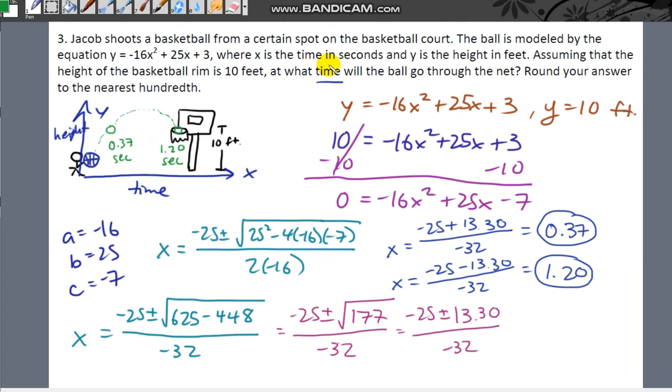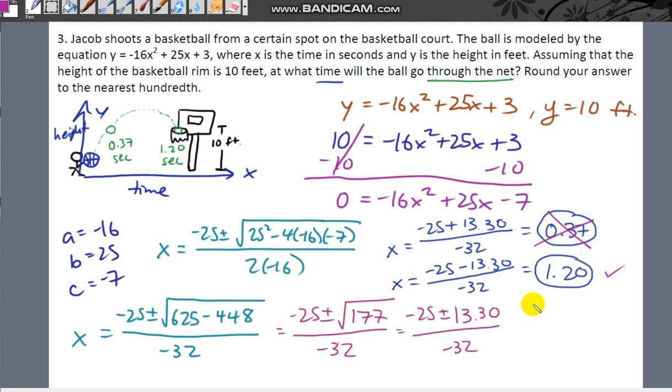So as he shoots the ball up, it passes 10 feet at 0.37 seconds. But when it actually comes down into the net, it's going to be this one. So we omit this one and take the other one to be true.